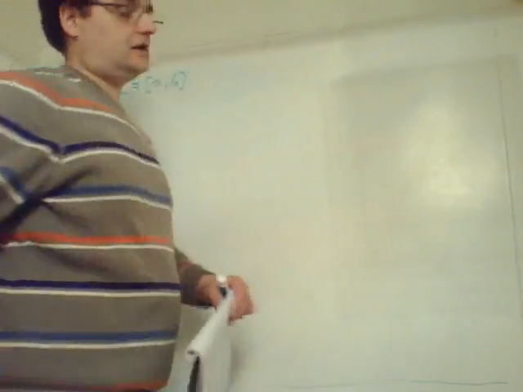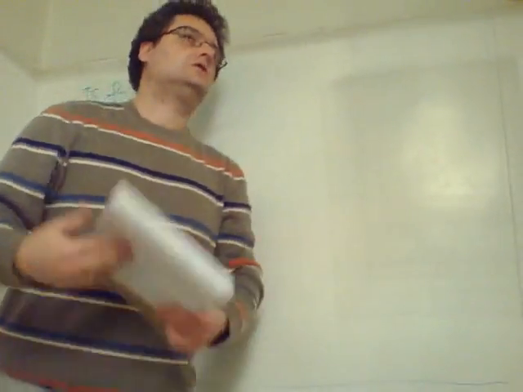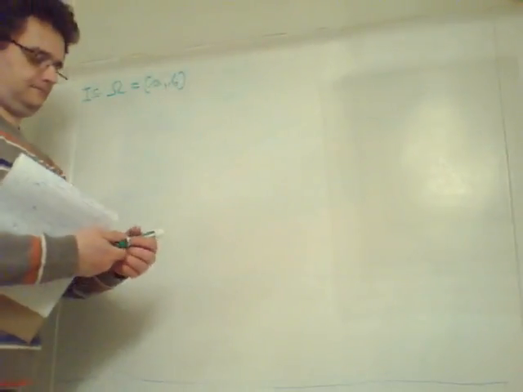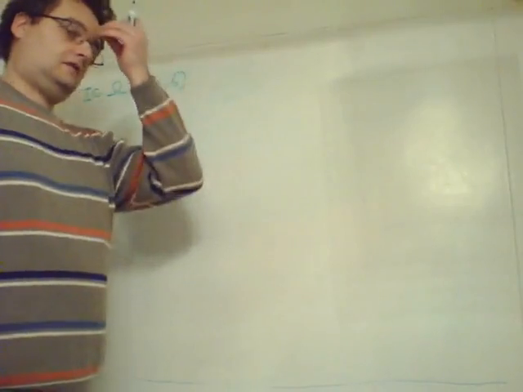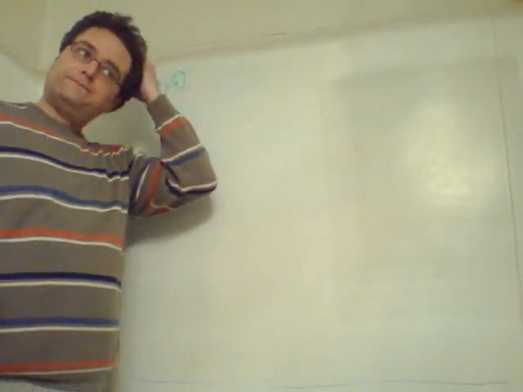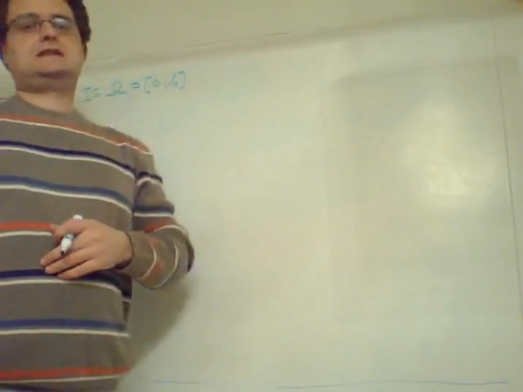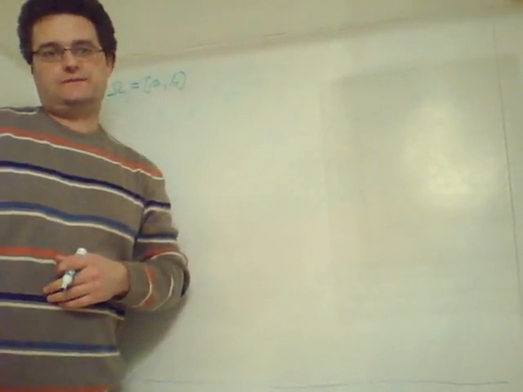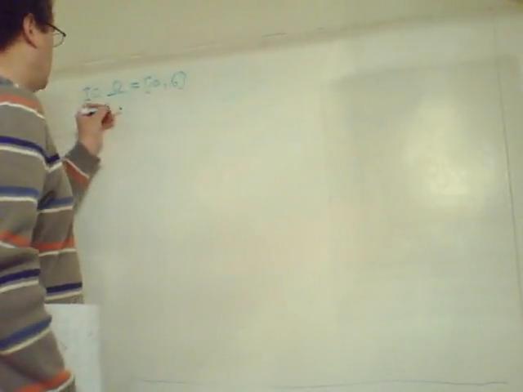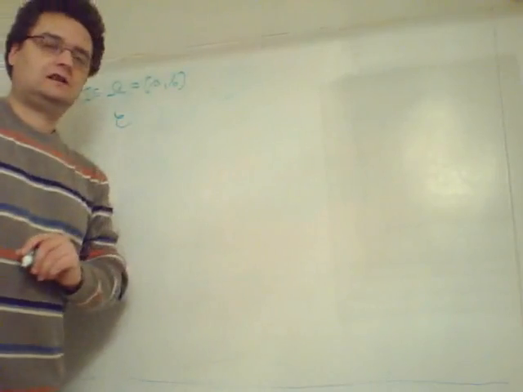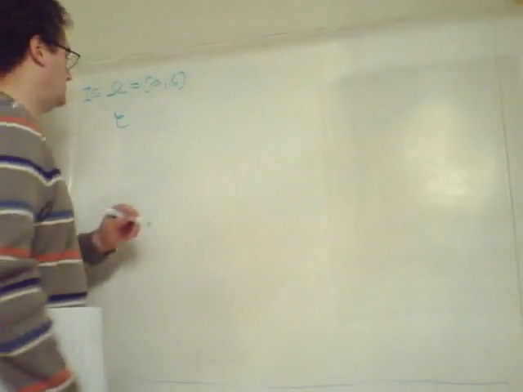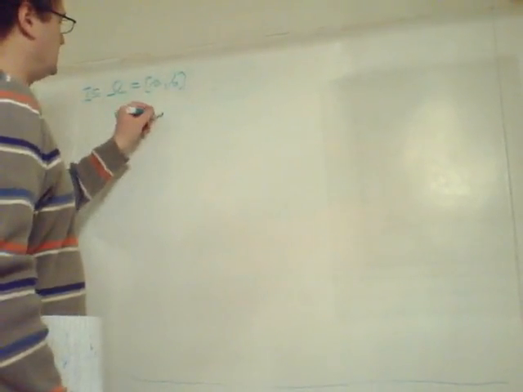Well, we mentioned the Carathéodory theorem, and we also mentioned the claim that the collection of elementary sets is an algebra. So if E is the collection of elementary sets, then E is an algebra.